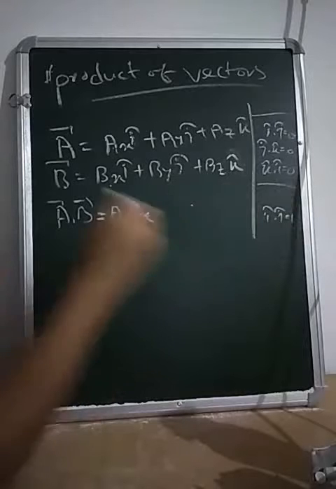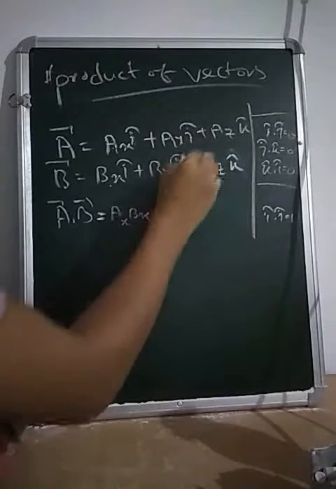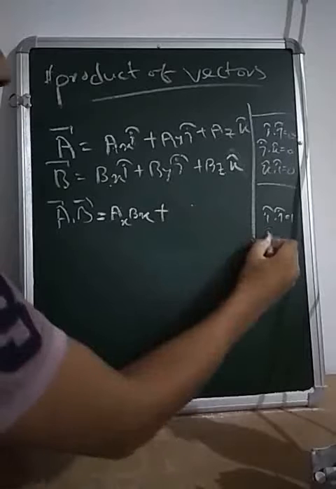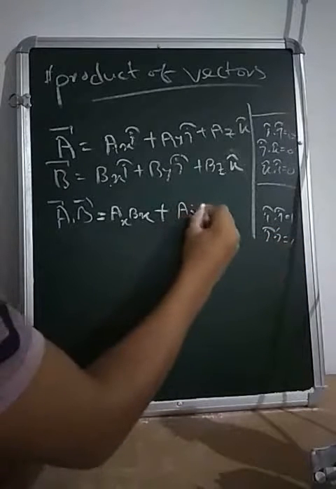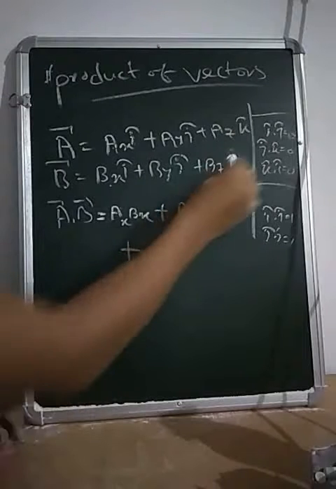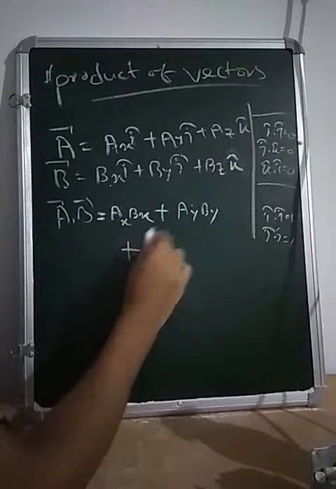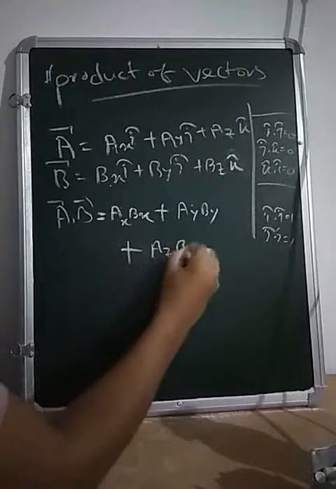Okay, to remain. And see, this is j cap, this is 1. So j cap dot j cap is also 1, ay into by, and k cap dot k cap will also be 1, az into bz.